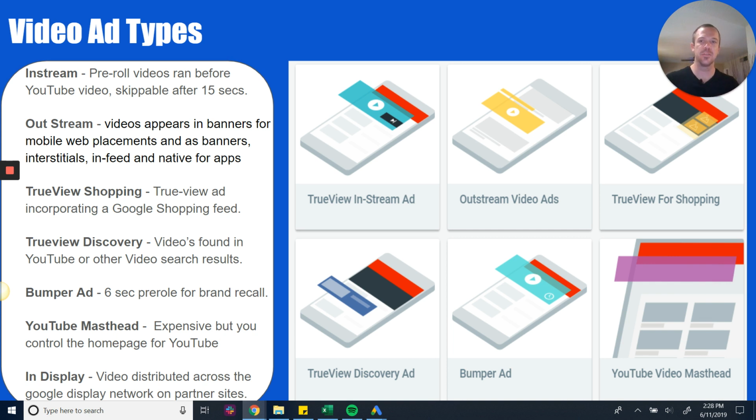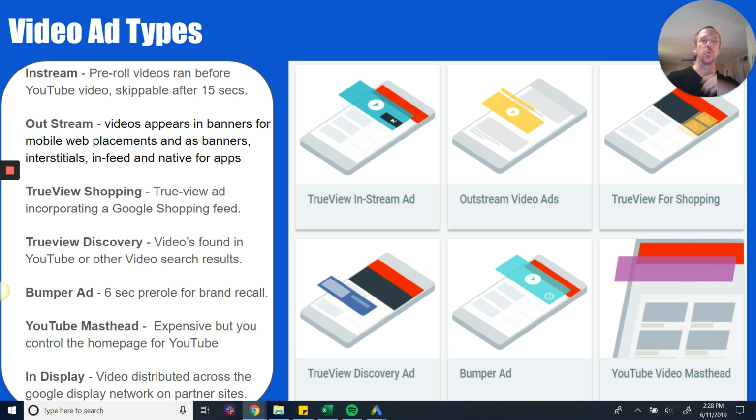TrueView shopping ads are going to be incorporated within the shopping feed. So whenever you show the actual TrueView video up here, your shopping feed is going to display down below with relevant products that are related to the particular ad. TrueView in discovery is basically like YouTube search, right? Your bumper ads are 6-second pre-rolls that they can't skip through. They just happen mid-ad or before ads.